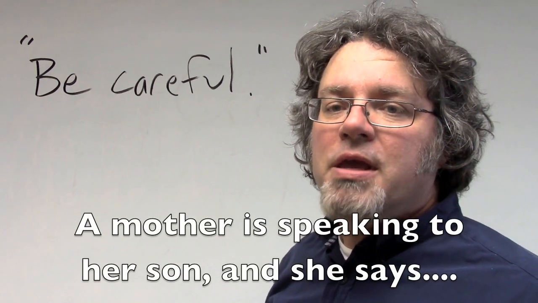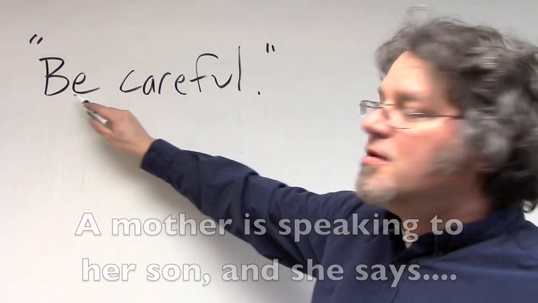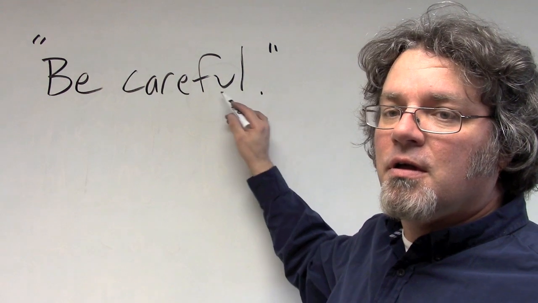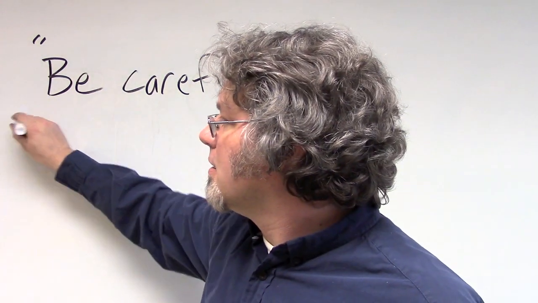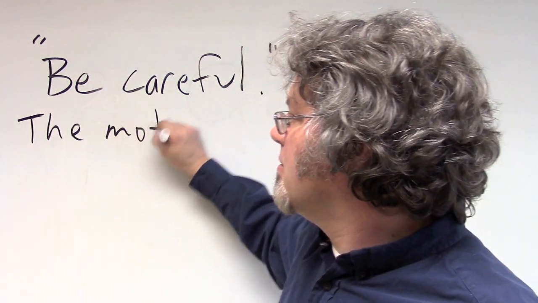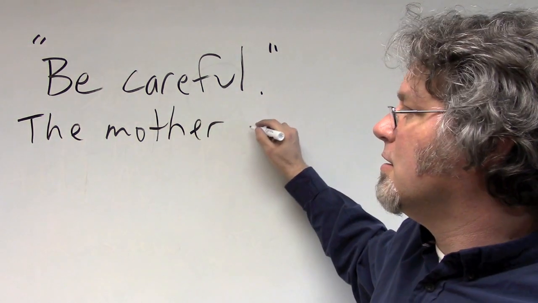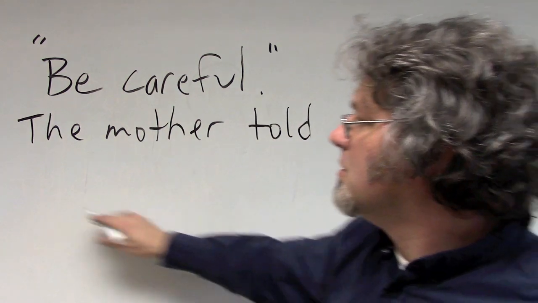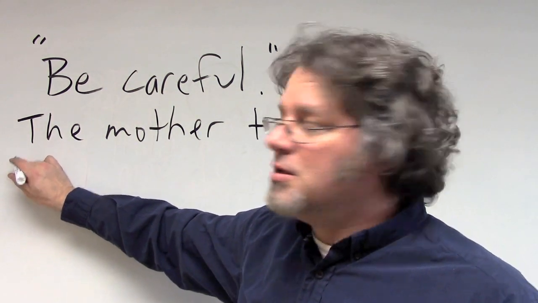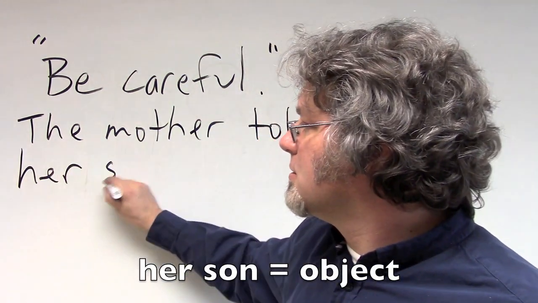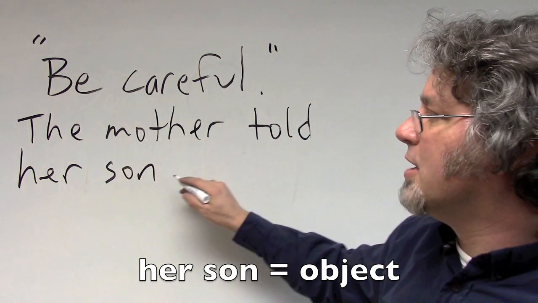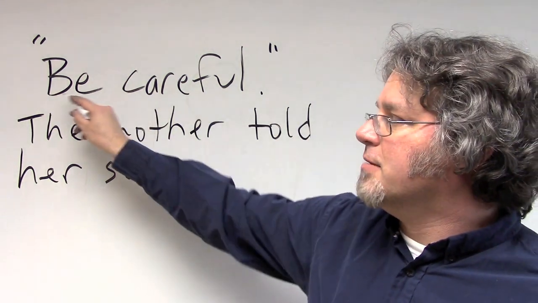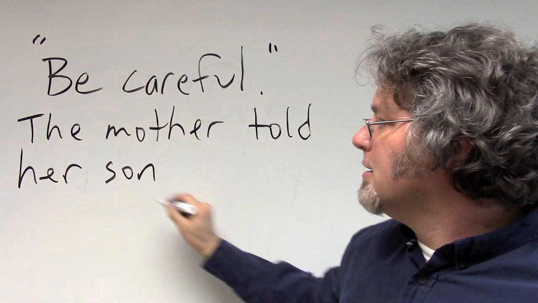A mother is speaking to her son, and she says, "Be careful." The mother, and then we'll use the past tense, told her son, this is the object of the sentence, and then here is the main verb in the command.